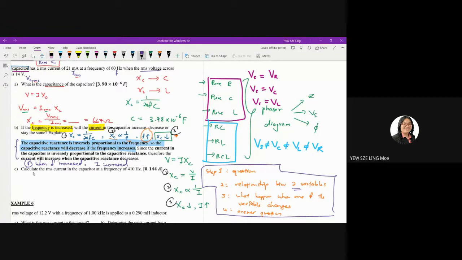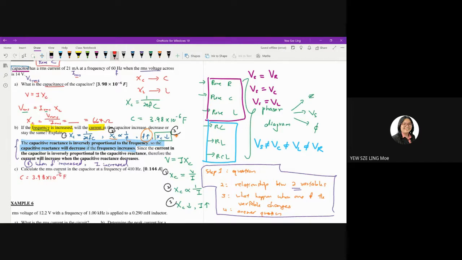So question C, calculate the RMS current in the capacitor if now the frequency is 410 Hertz. Since we are still using the same capacitor, C is still equal to 3.98 times 10 to the power of negative 6 farad.